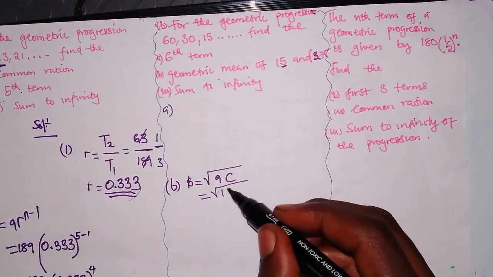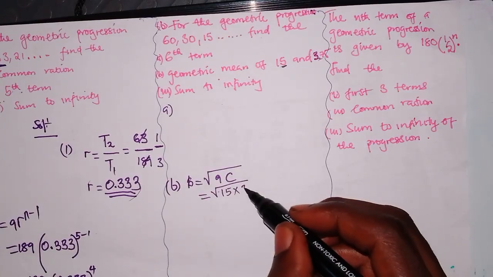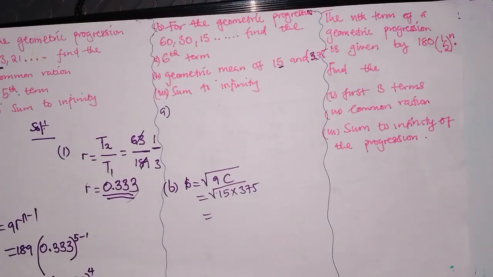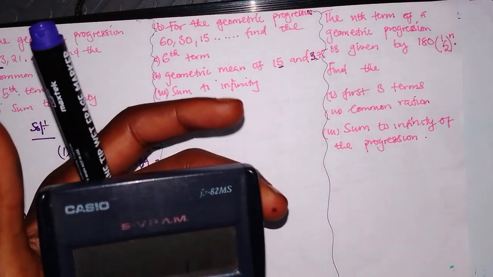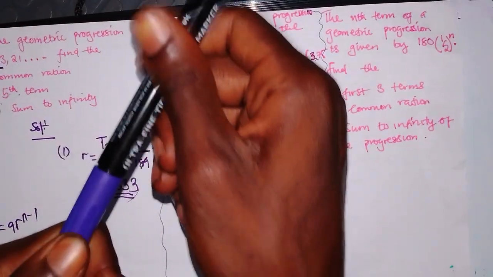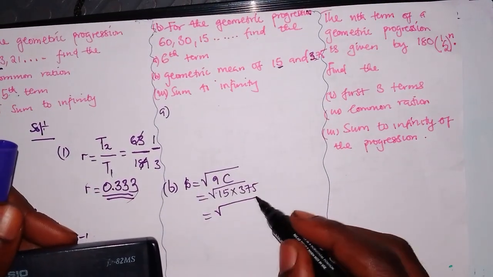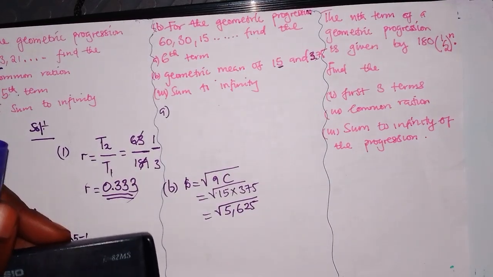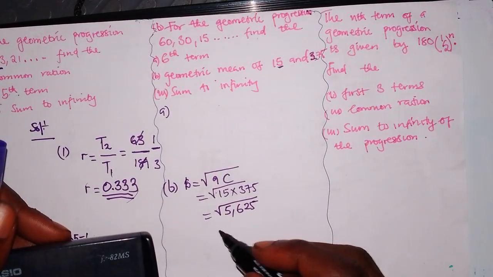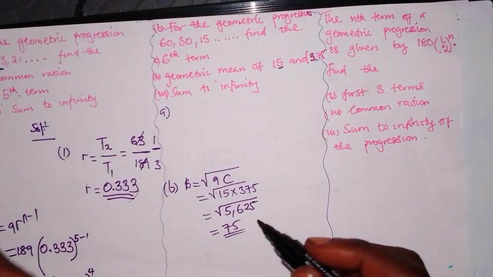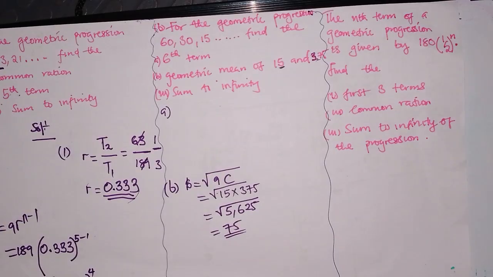So A is 15 times 375. We have the square root of 5,625, which is 75 as your answer.